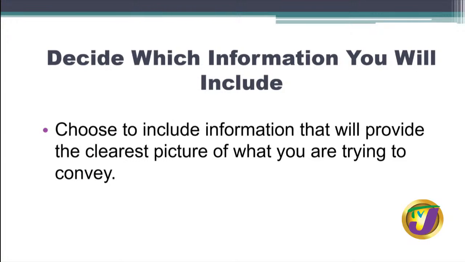Now, of course, in conceptualizing the information, you need to decide what to include. Not everything is important. Remember, you want to keep it concise. So you're going to ensure that you only include information that gives the clearest picture of whatever it is you're trying to convey. So you're not going to add any additional details, any confusing details, nothing like that.